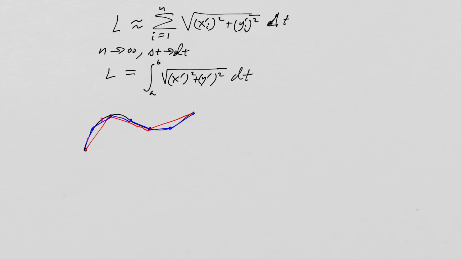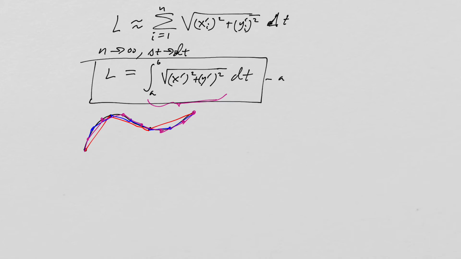And if you go to a finer still partition, you're going to get really close. You'll get closer and closer and closer as the number of partition points gets larger and larger until eventually you get the exact arc length. All right, so with that said, I think we now have this really nice formula for the arc length.